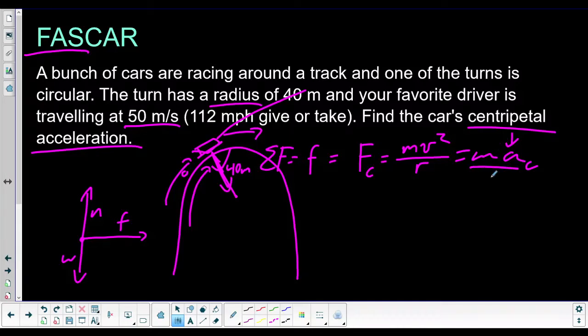We just divide by mass. So the masses cancel, and our centripetal acceleration is the same formula as the centripetal force without the mass: v squared over r. So this is going to be 50 squared over 40.